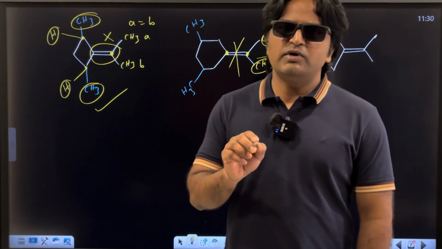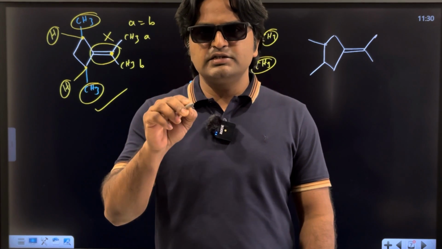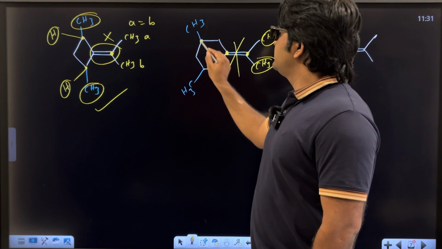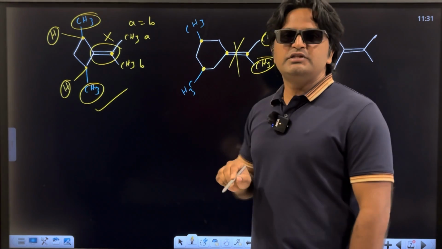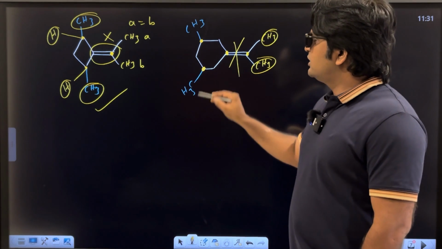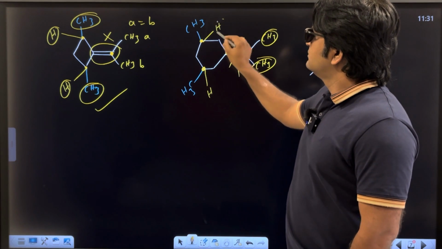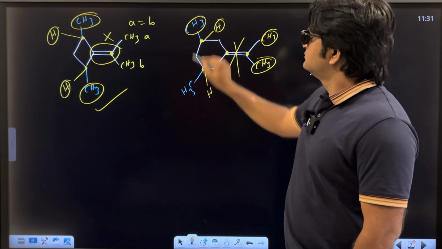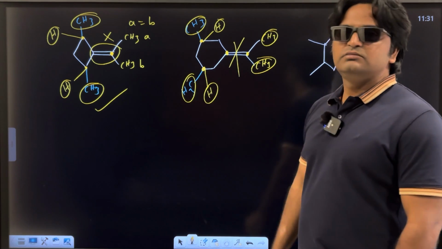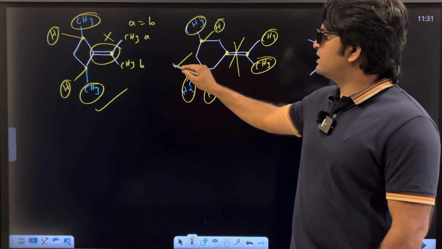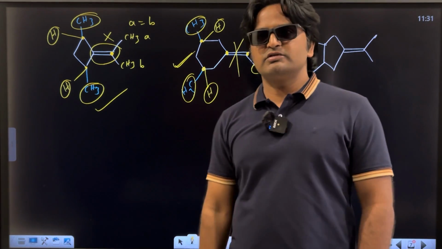Whenever you are looking towards the ring system, inside the ring system, just look at only sp3 carbon atoms. sp3 carbon, here also sp3 carbon atom. Already methyl groups are given and we are taking the fourth valency hydrogen. Hydrogen, methyl. Methyl, hydrogen. Is it clear? Is it possible to produce geometrical isomerism? Yes, exactly, we can produce geometrical isomerism.